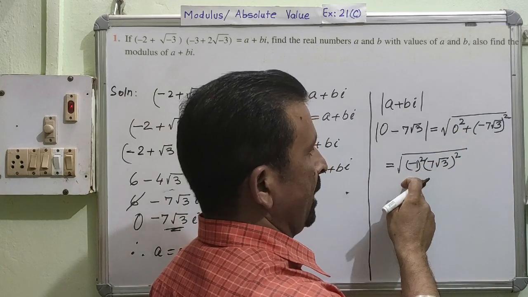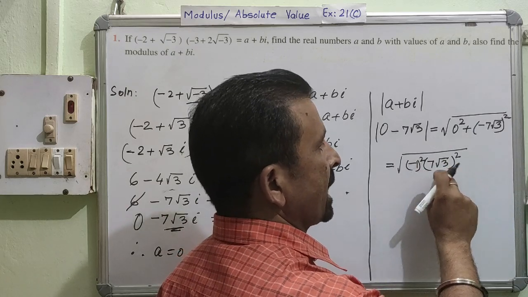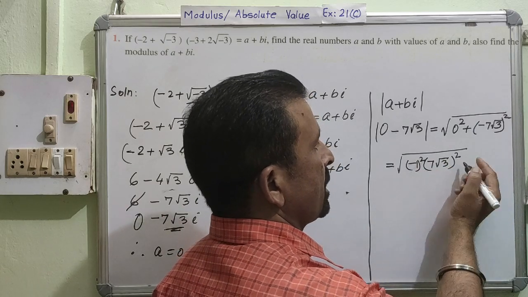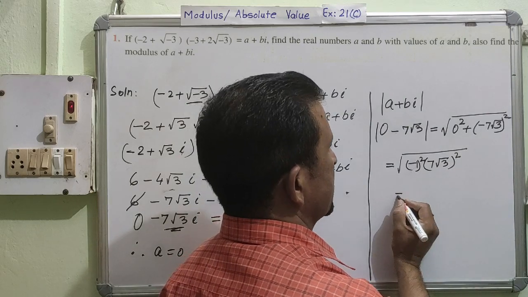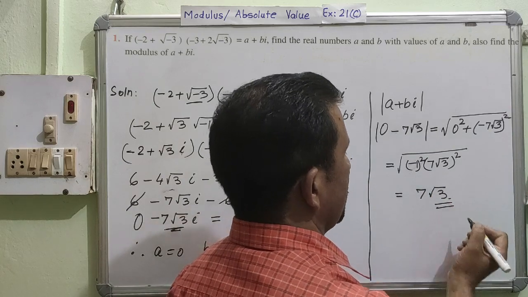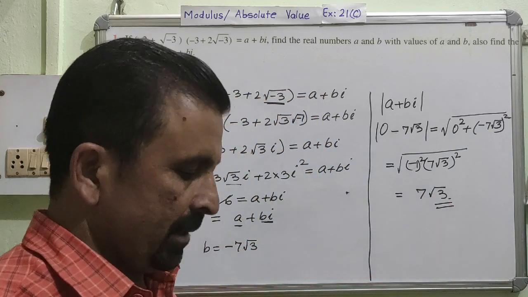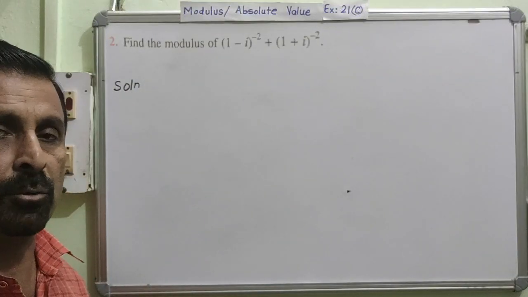So this is just 1. 1 is multiplied by this number, so that means it will remain as it is. Now this part also, this square and square root will cancel each other. So finally our answer is 7 root of 3, and this is the value of our modulus of a plus bi. Clear?